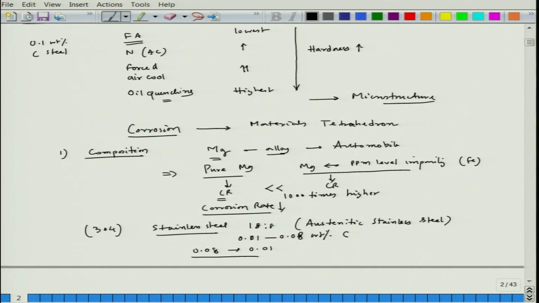If it is 0.08 weight percent, and by chance during operation the temperature goes to the range between 400 to 600 degrees Celsius, the stainless steel loses the property of stainlessness. It is going to be extremely bad stainless steel because there will be a huge amount of intergranular corrosion.